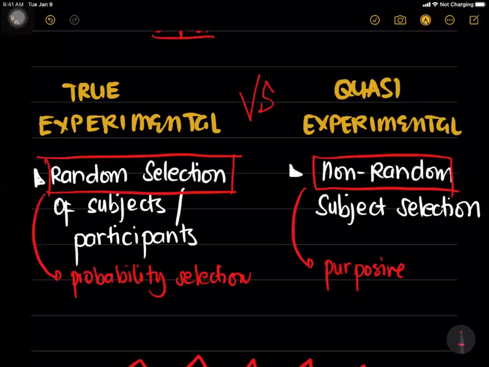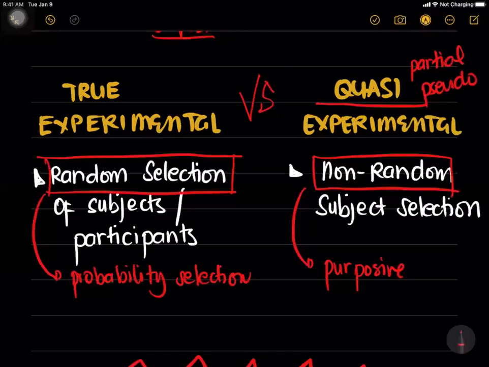Now remember that when we say quasi, it means partially, pseudo, or almost. So it gets some qualities of your true experimental research design, but not totally everything.